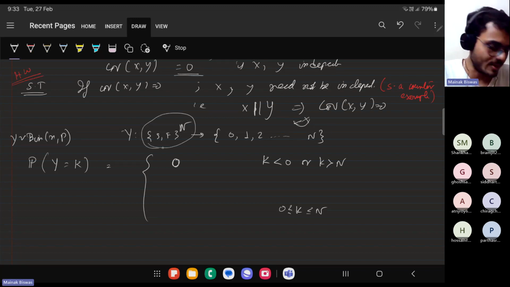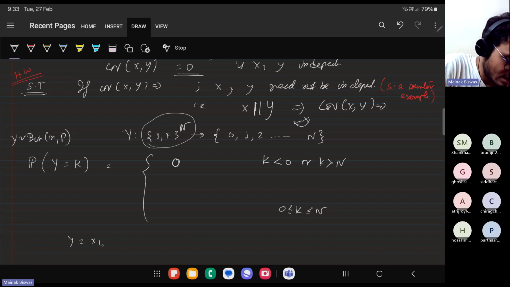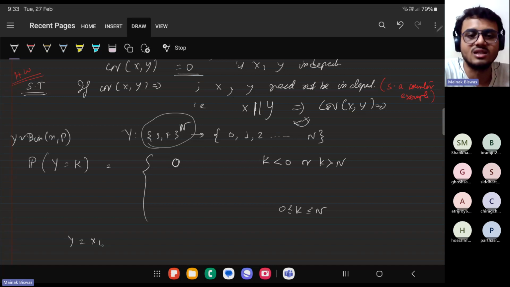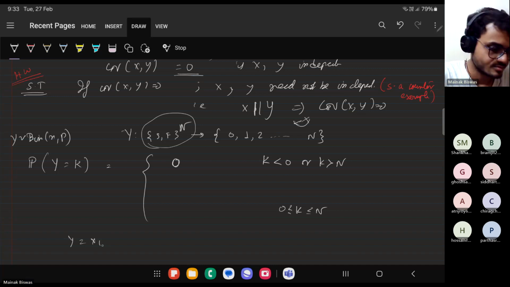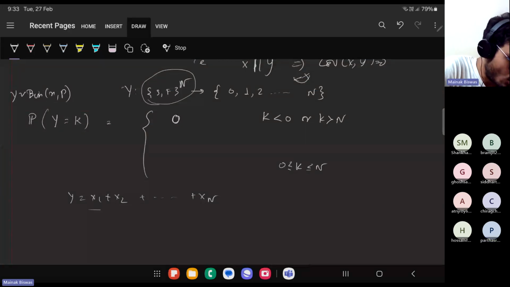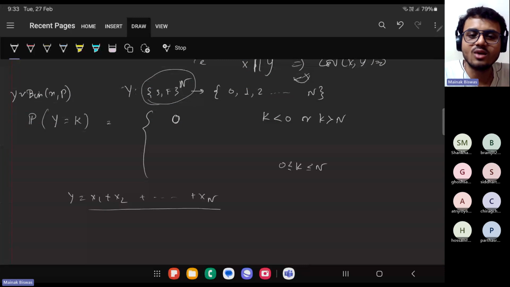You need not use a sample space. You can see this equation and tell me, but you can also use a sample space if you are really thinking about it. What is the probability of k successes? So I have y equal to x1 plus up to xn. I want k of these n numbers to be 1 and n minus k to be 0.